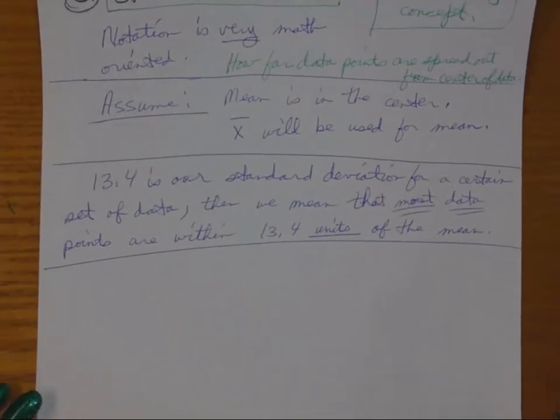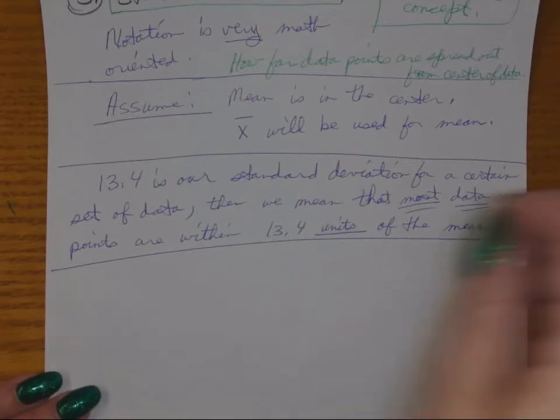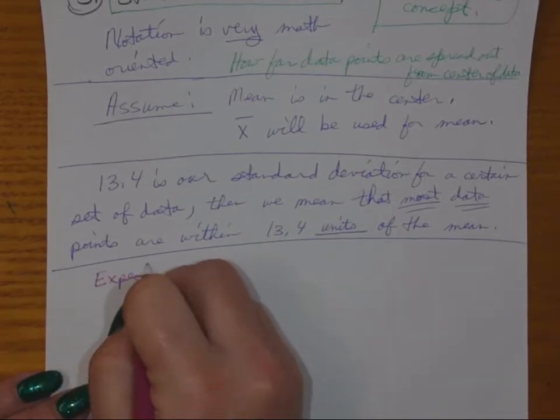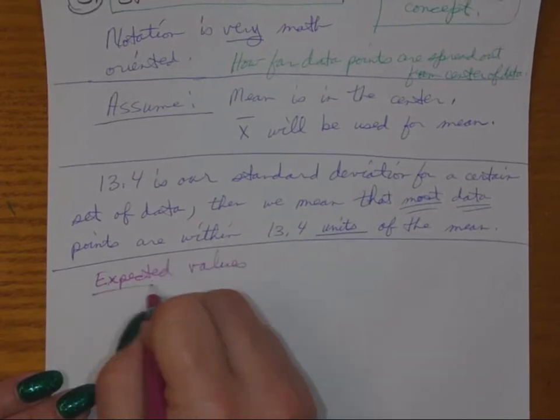What we're saying here is that when we have expected values, remember in a normal data set, we want a lot of our data points to be expected values.